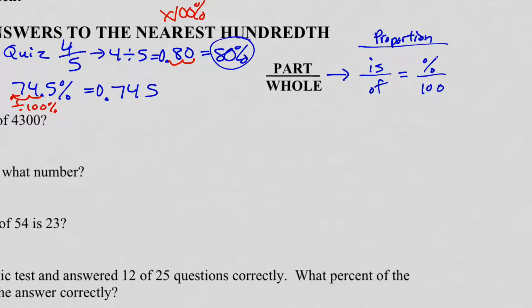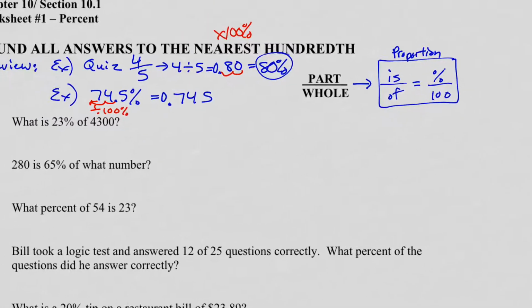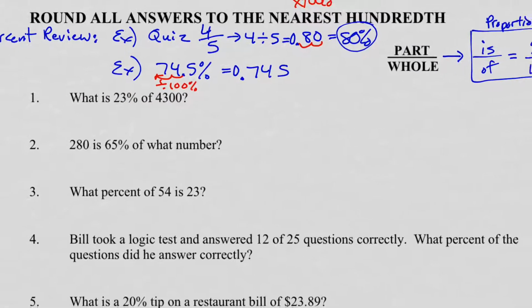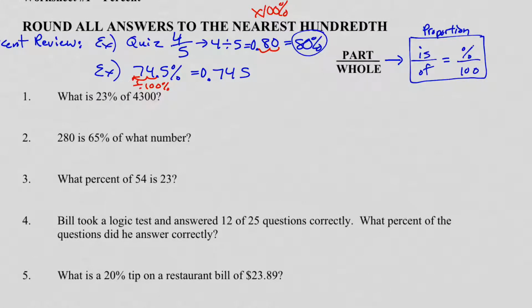And there's our proportion. You need to remember that. So is over of equals percent over 100. It says what is, so that's what we're trying to find out, the is.